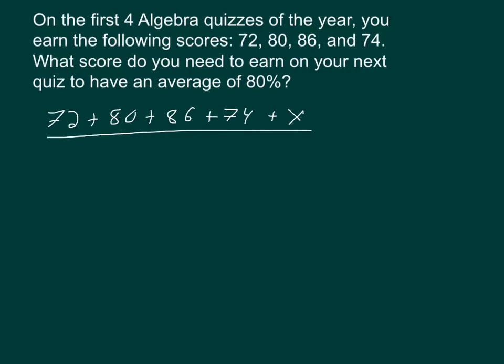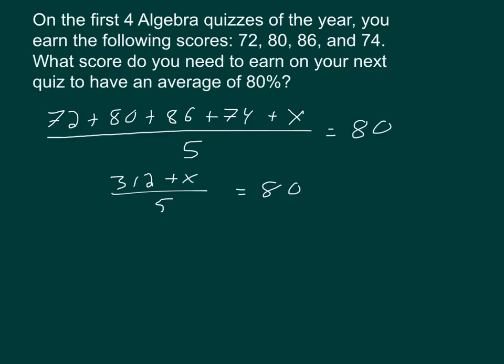At that point, there will be 5 quizzes taken, and I want that average to be 80. That's what I want to have there. So now, in order to do this, I'm just going to try to solve the equation. I'm going to start by simplifying the numerator on the left side. And so I end up getting 312 plus x over 5 equals 80.